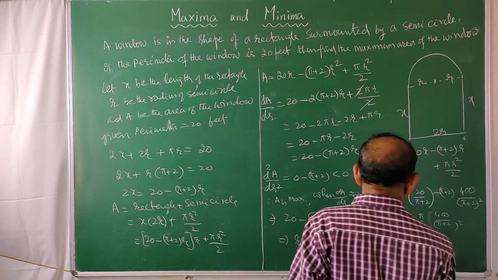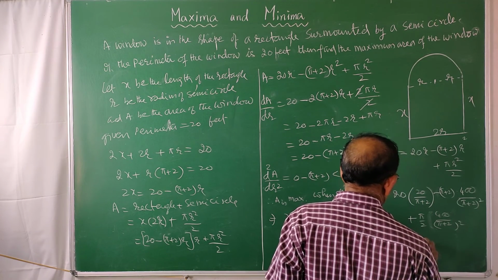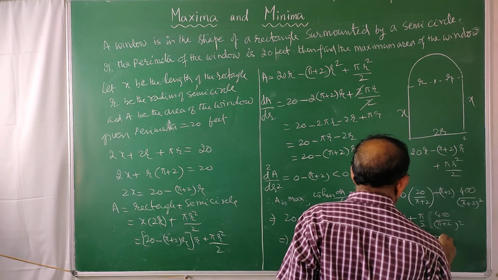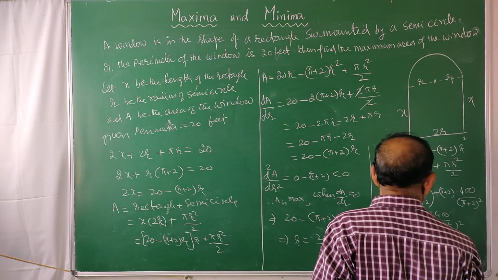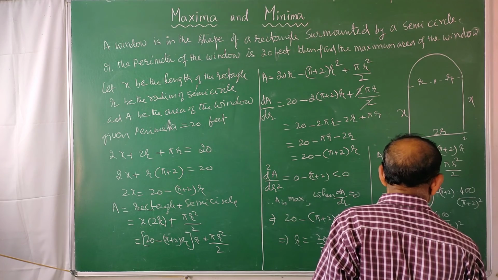So this is 400 by pi plus 2 minus 400 into pi plus 2 by pi plus 2 whole square.